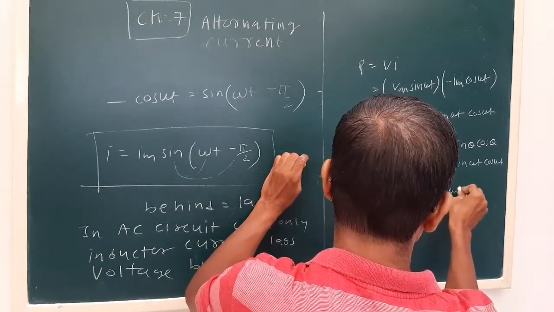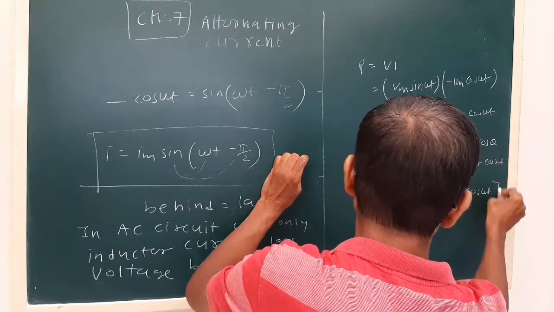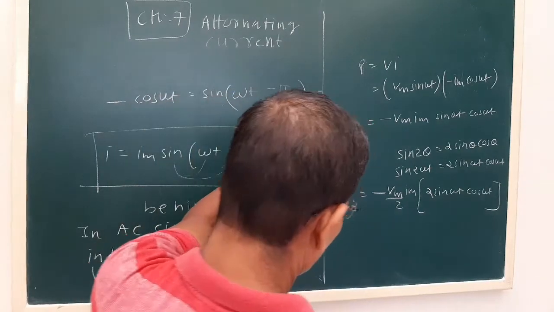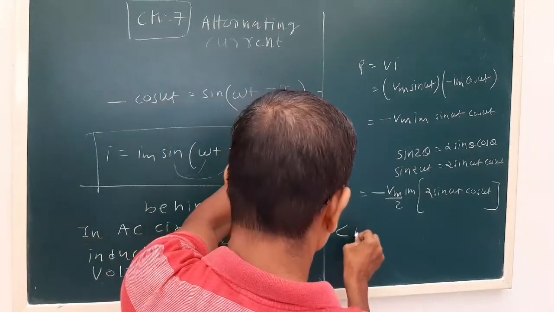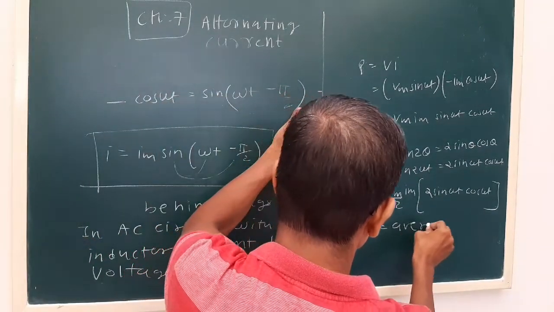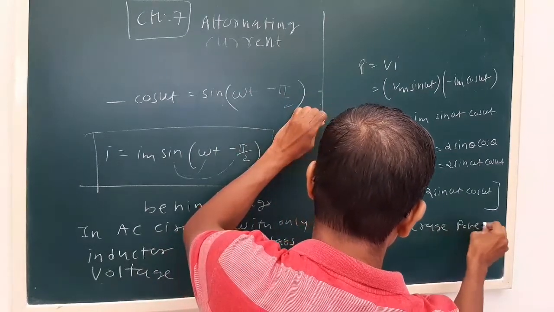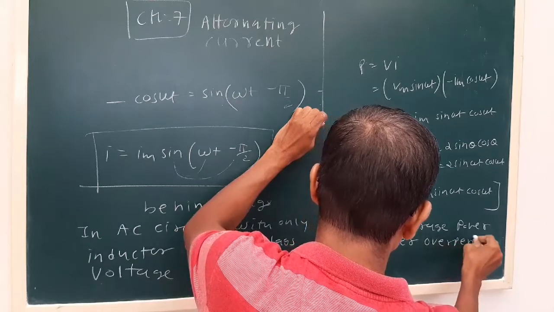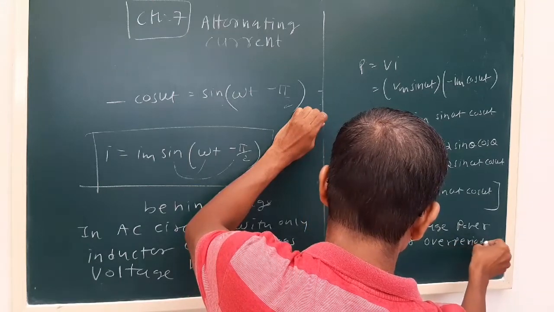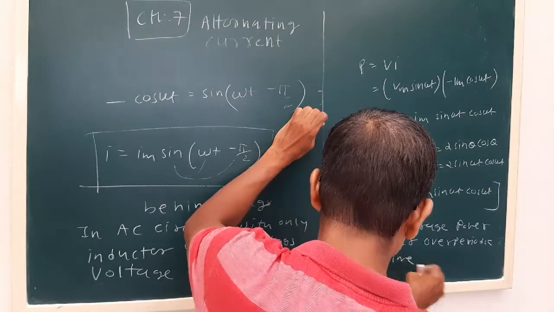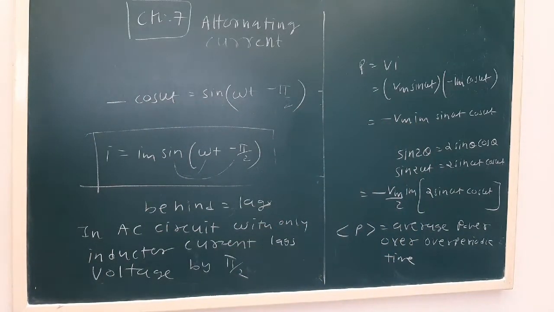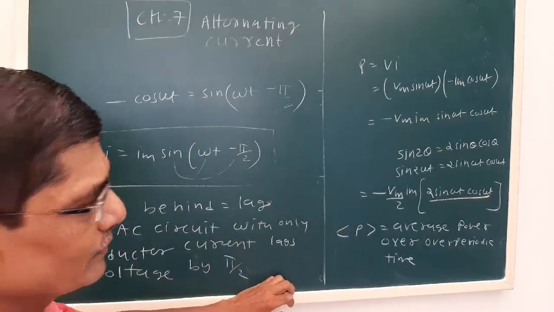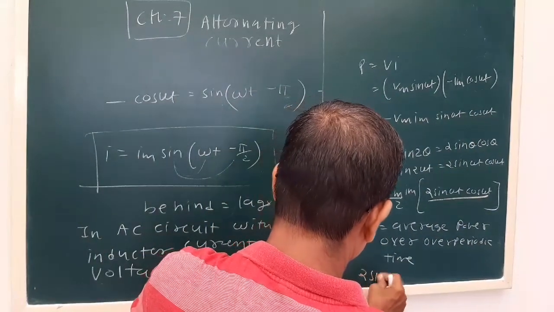Now the average power over one periodic time: 2 sin omega t cos omega t is sin 2 omega t.